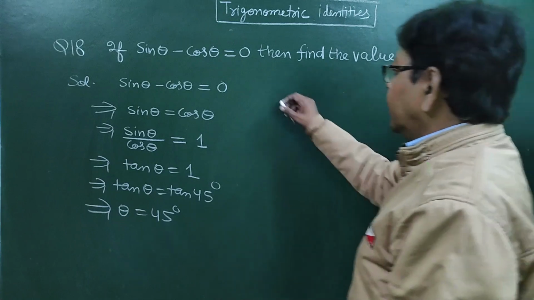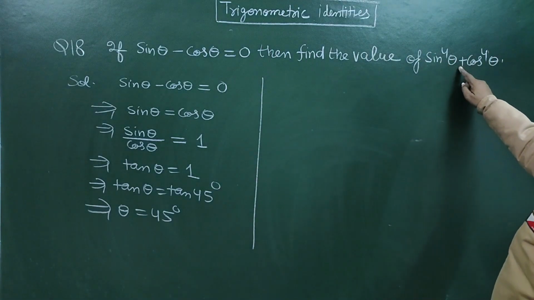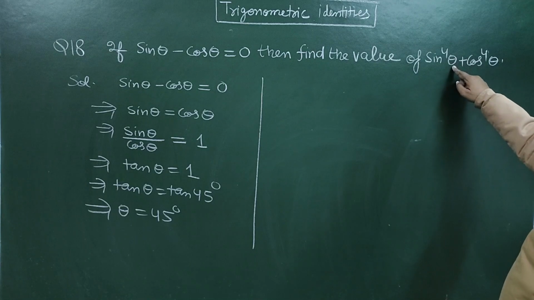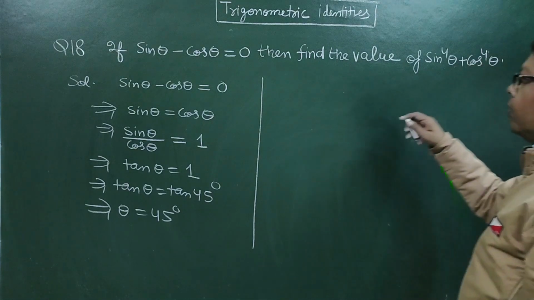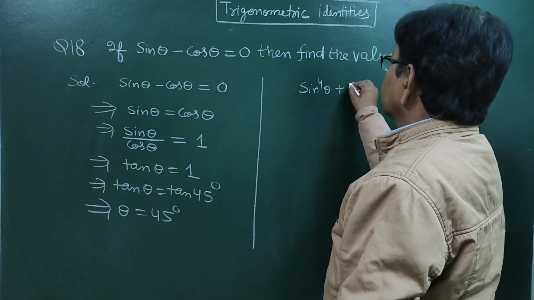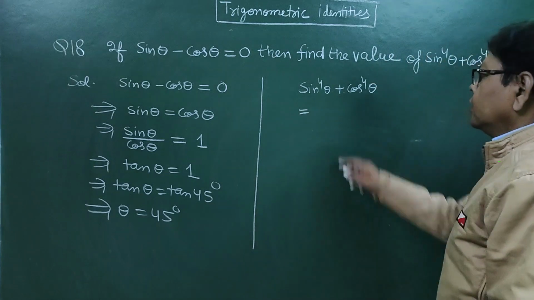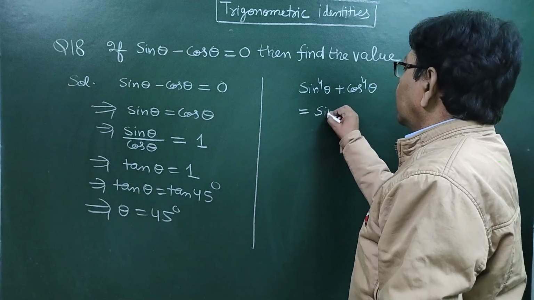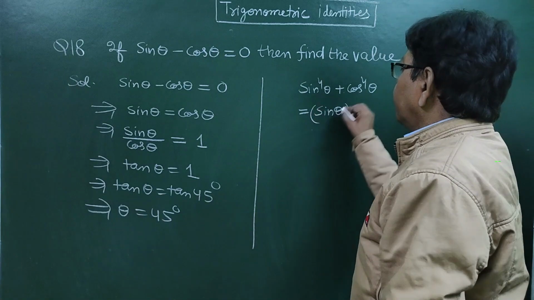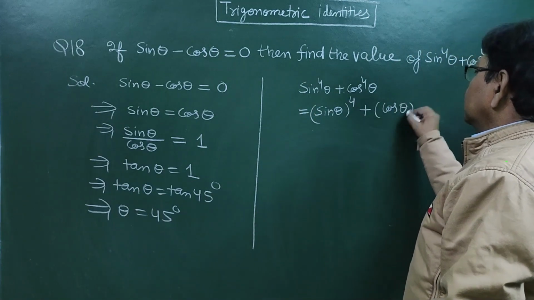So let us write the expression whose value we want to calculate. Sin^4 theta plus cos^4 theta means you can write this as (sin theta) whole power 4 plus (cos theta) power 4.